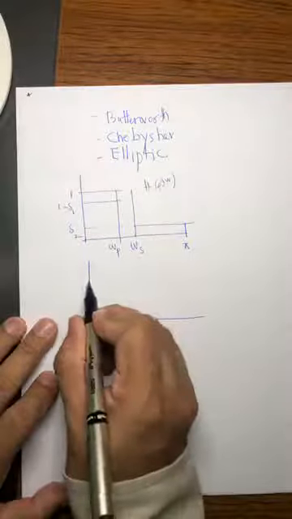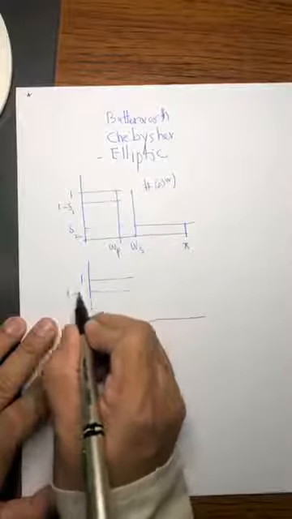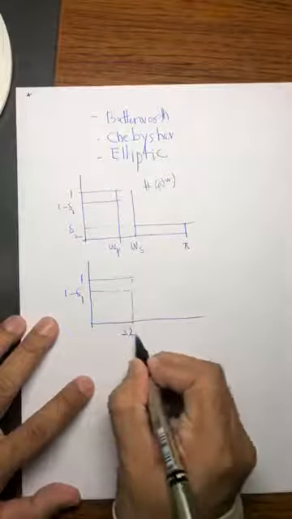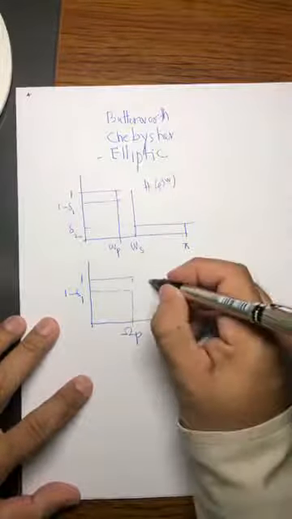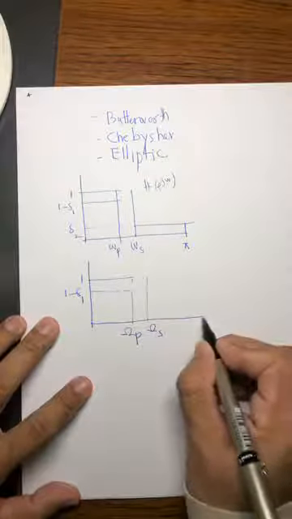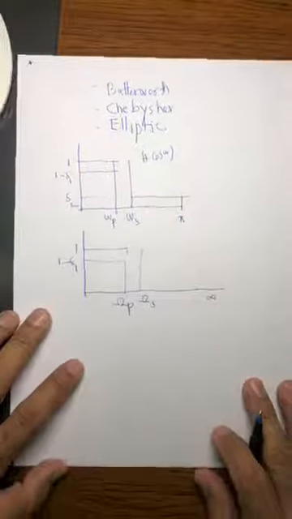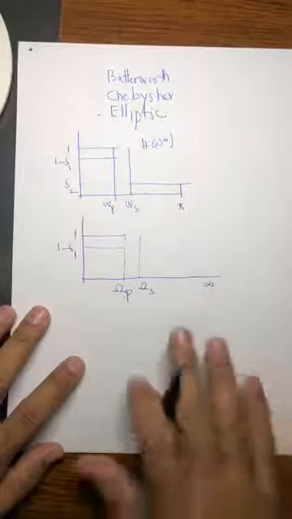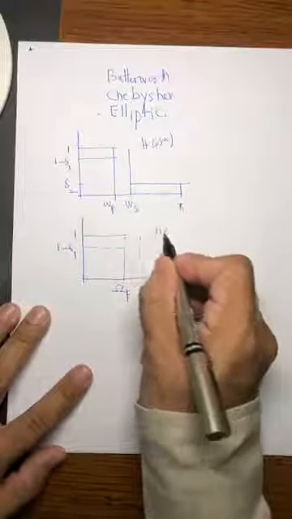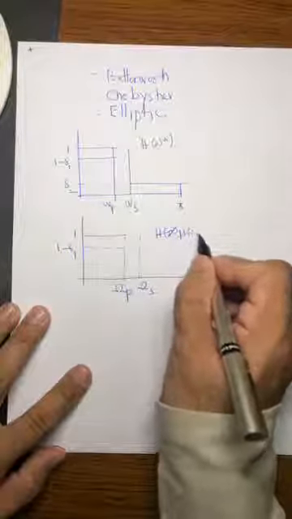In continuous domain, yes, 1, and this is 1 minus delta 1. This is capital omega p, because now it is analog frequency. This is capital omega s, and this goes to infinity. Now the frequency does not stop at pi. Analog frequencies can go to infinity, and here the response is the magnitude of H j omega.